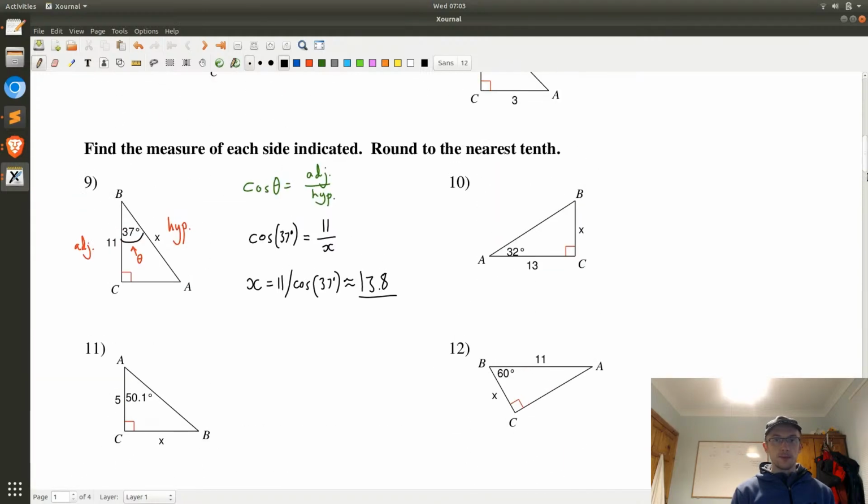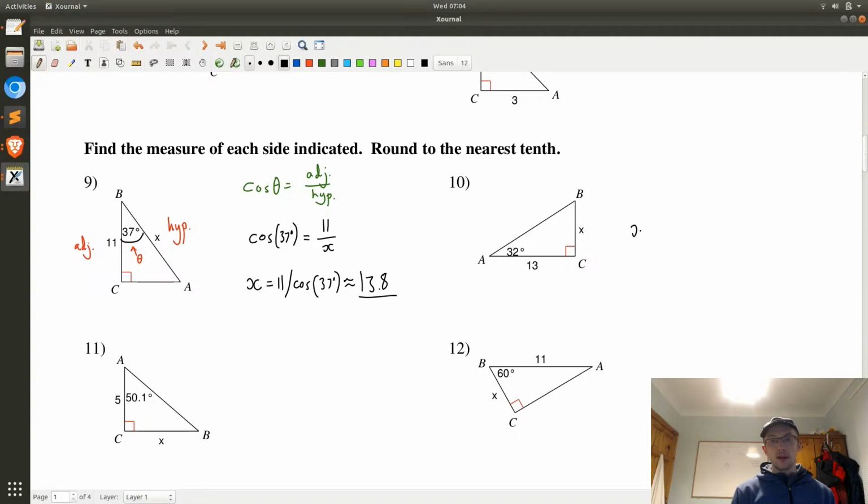Now, who's involved here? Adjacent and opposite. What comes to mind? Tan. So, tan of 32 is x over 13.